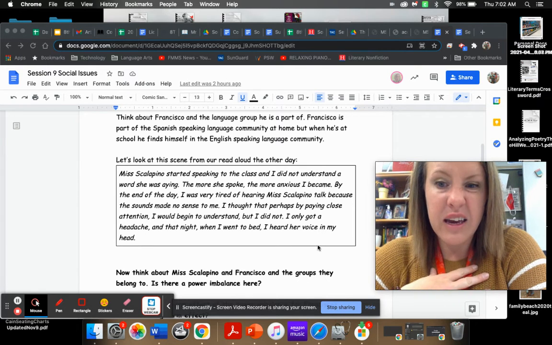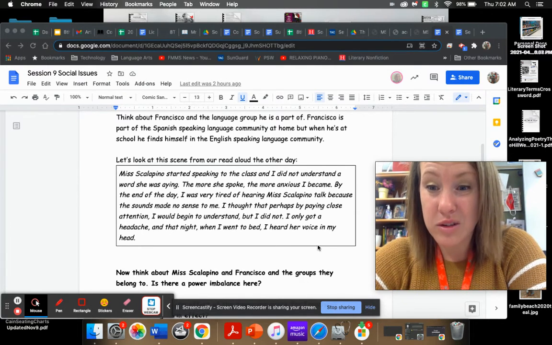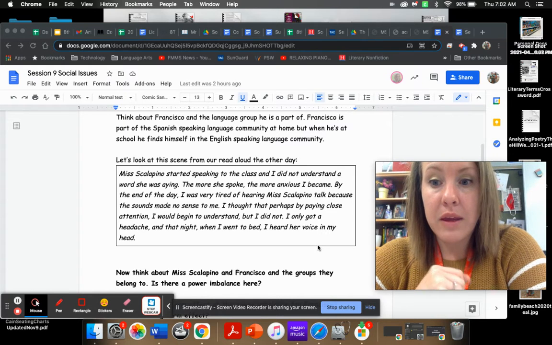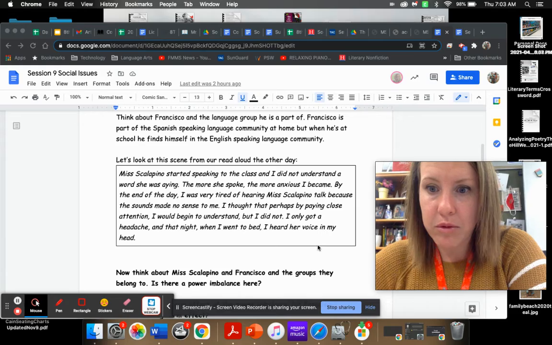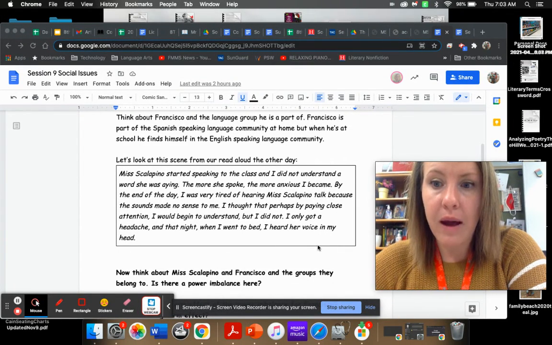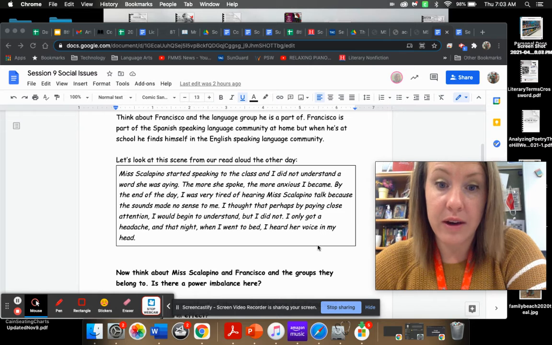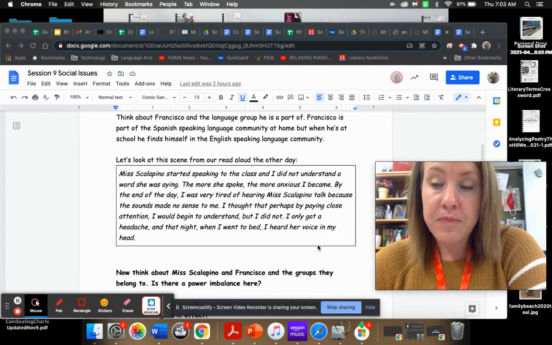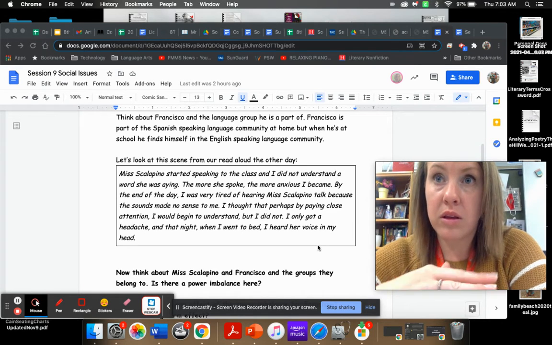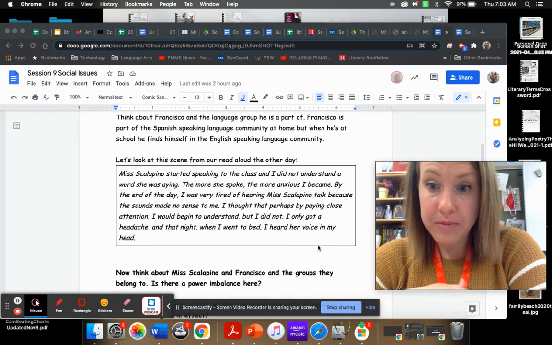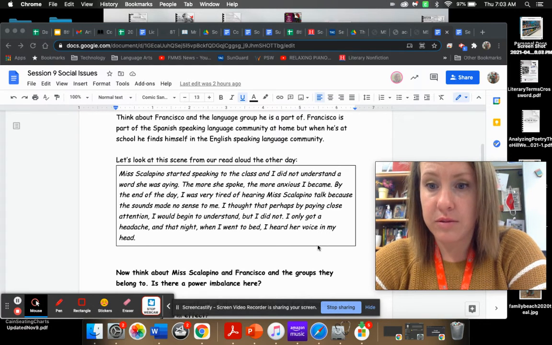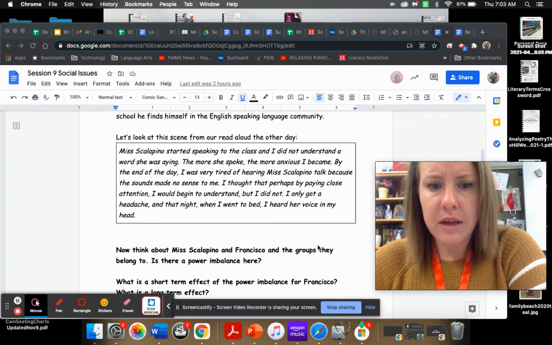And it kind of stinks that, even later in the story when him and Arthur were having conversations, she yelled at them and was like, no, no, no, right? So there is definitely a power here because he feels like he has no idea what's going on in school. In fact, because he is so less powered, he gets a headache because of all the confusion, right? So there's definitely a power imbalance here.